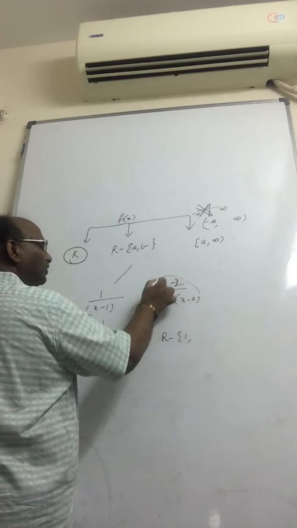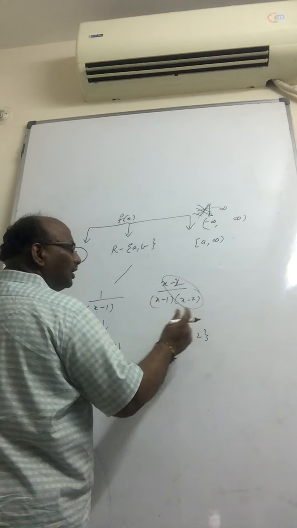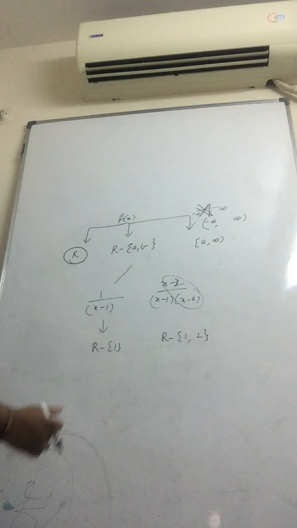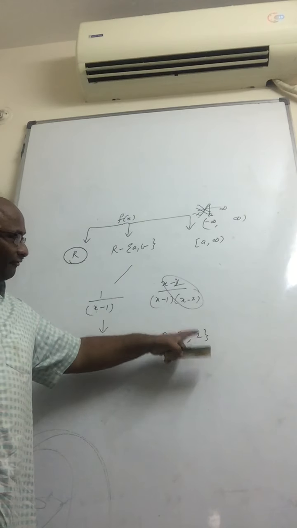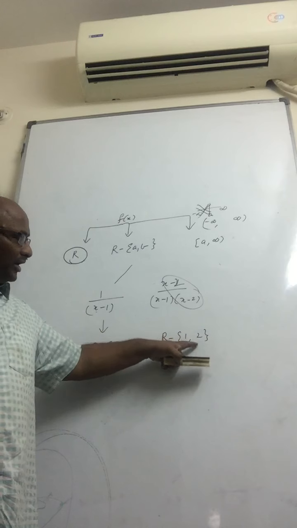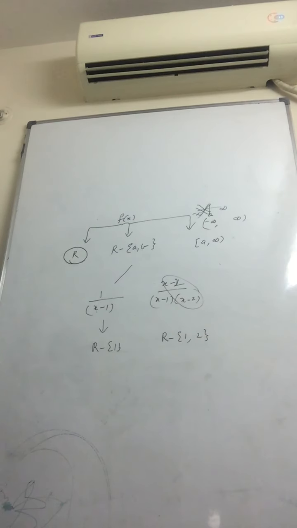But at 2 you have a hole. Hole means at that x value we don't know the exact y, so we remove it. Where a function has a hole, that particular x is removed from the domain. So it doesn't mean that for all rational functions we have to remove some values of x.